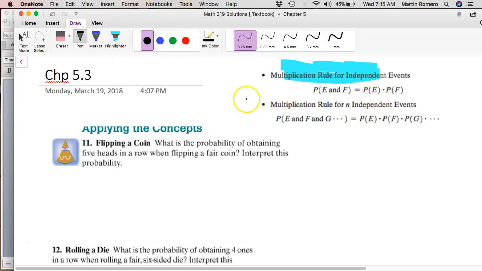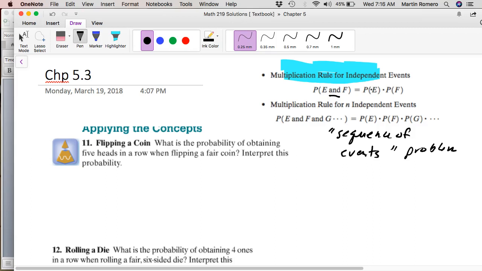And so you can see it involves a situation where it's "and." What's the probability of this and this happening? You might hear me also say this is a sequence of events problem, like when something happens one right after the other, and when those events are independent, meaning that two events are independent if the occurrence of one event does not affect the probability of another event.